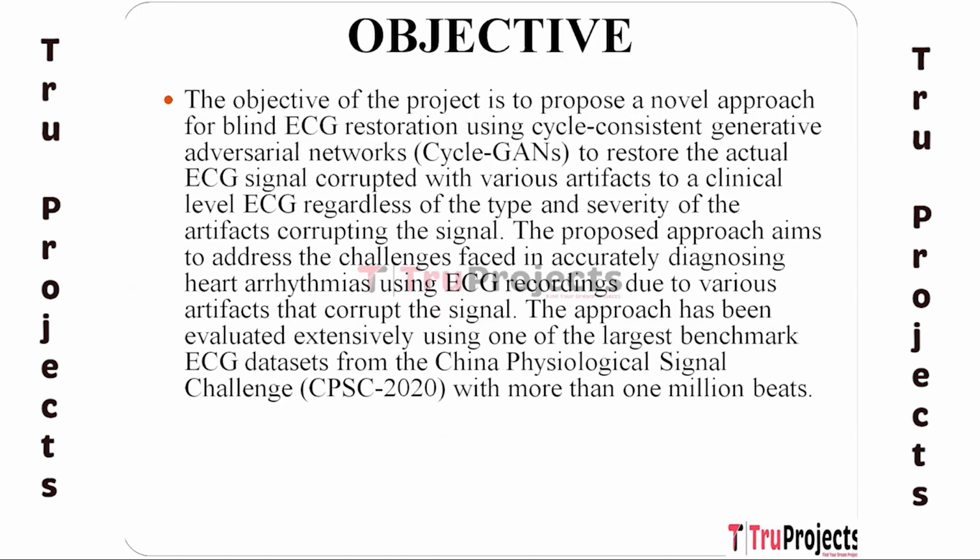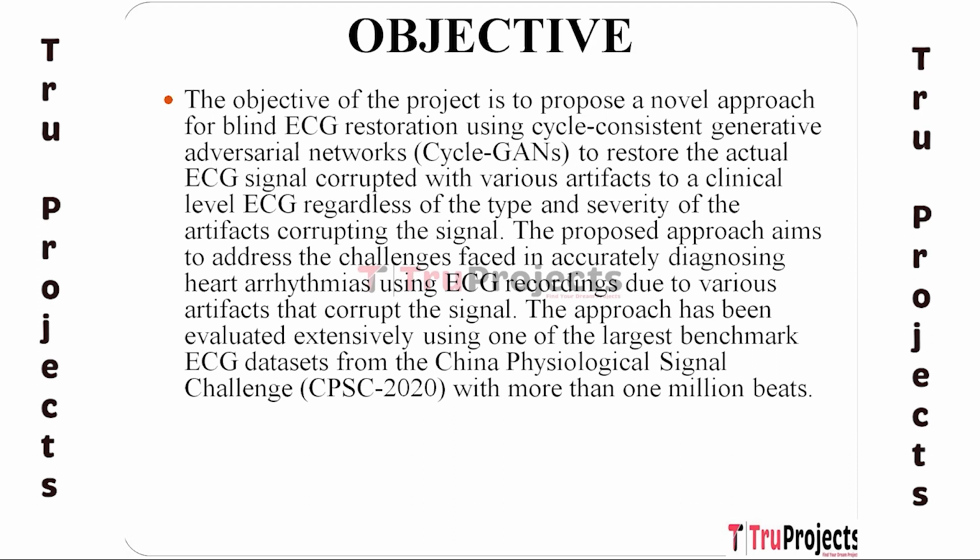Objective. The project's goal is to propose a novel approach for blind ECG restoration that uses cycle-consistent generative adversarial network, cycle GANs, to restore the actual ECG signal corrupted with various artifacts to a clinical level ECG, regardless of the type and severity of the artifacts that have corrupted the signal.